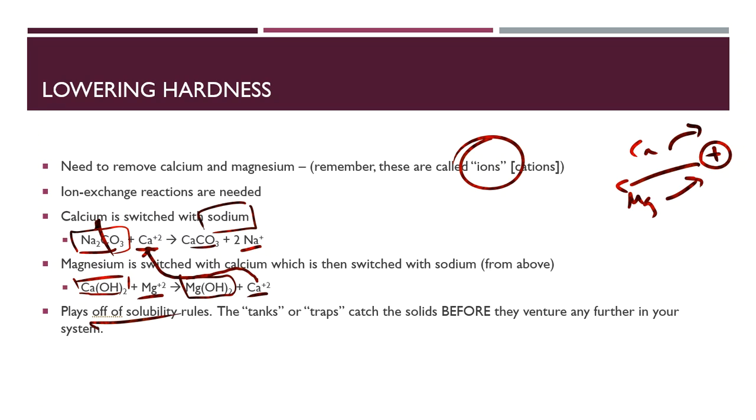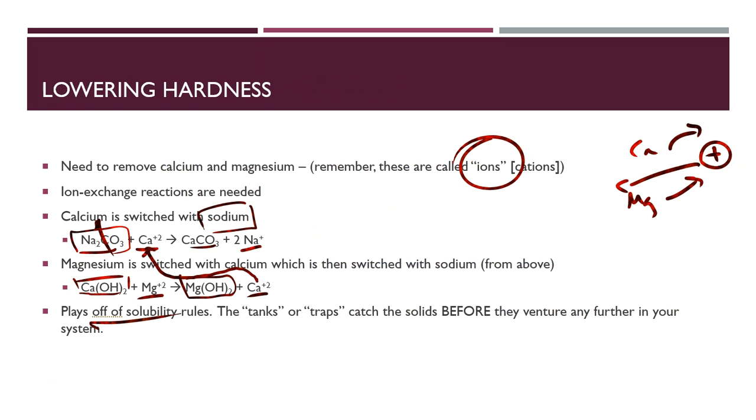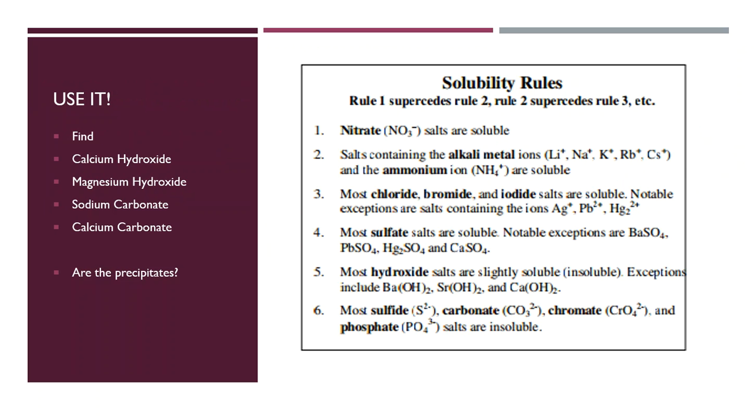Folks, all of this plays off the solubility rules. And for a refresher, here are the solubility rules. So we've talked about this idea that we have brought in sodium carbonate. All right, so if I look at the solubility rules and I need to find carbonate, number 6 down here: most sulfides, carbonates, chromates, and phosphates are insoluble.